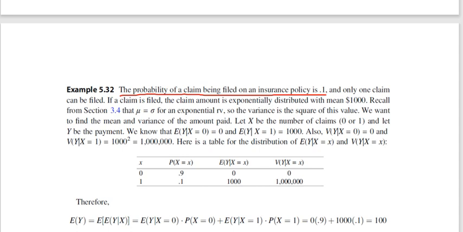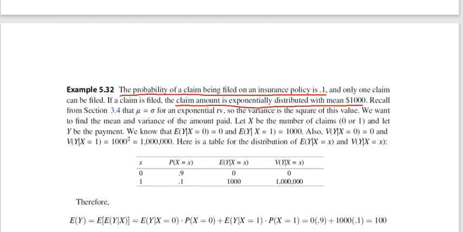When a claim is filed, when a car accident happened, the damage is not fixed, right? So now the damage can change. So we say the claim amount is exponential distribution, which means the mean is 1000.